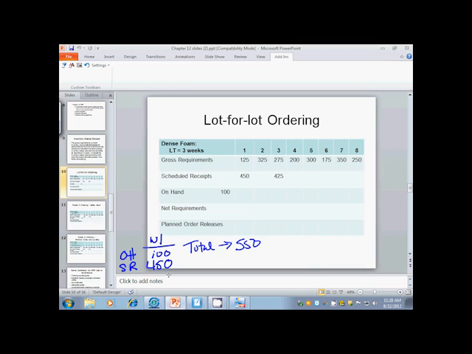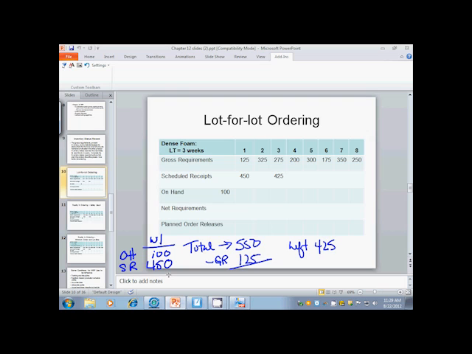I want to subtract out from there how many I plan on using. So I want to subtract out my gross requirements, how many I plan on using for that week. And if I plan on using 125 units, that's going to leave me 425 units.